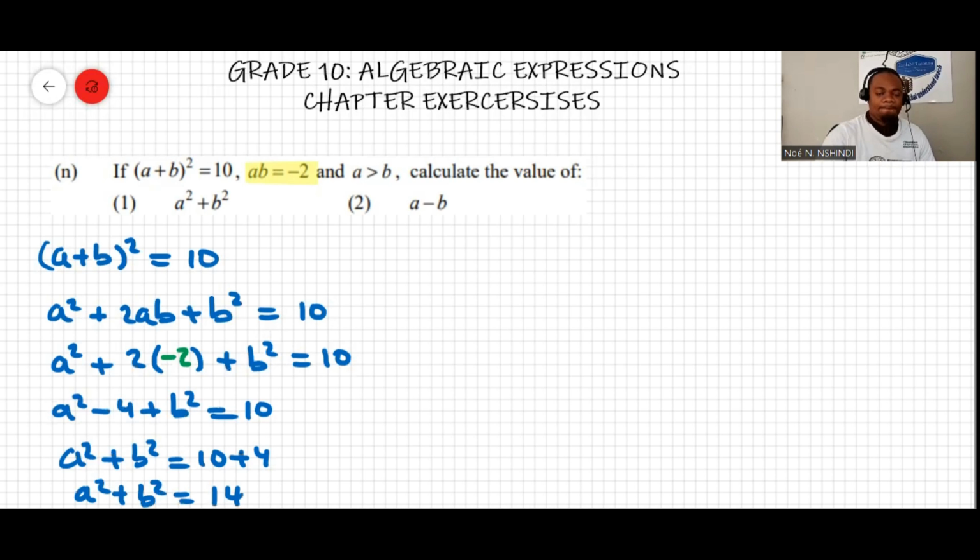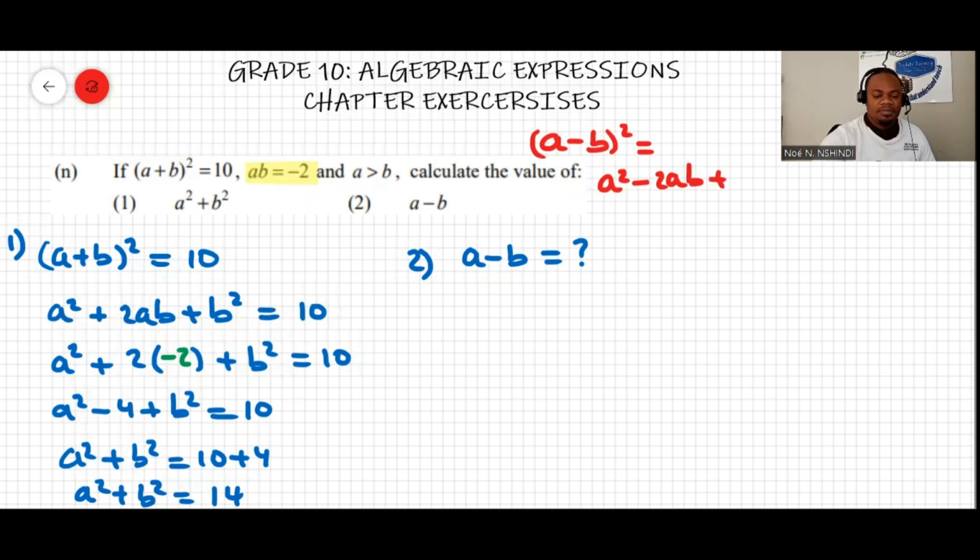Okay? And now, that was question 1. Question 2 asks: what is the value of a minus b? So let's just put a question mark there. We do know that the formula says a minus b to the power of 2 is equal to a squared minus 2ab plus b squared.